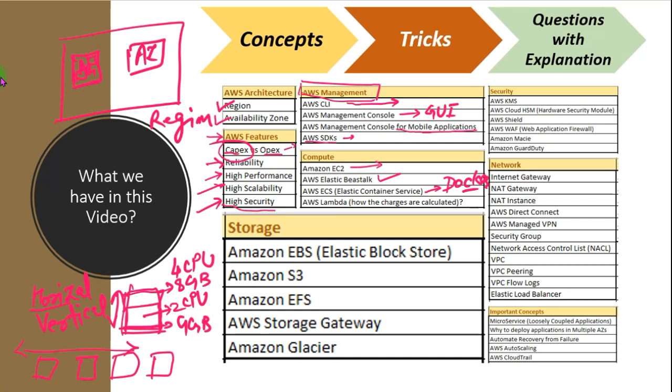Next we have AWS Lambda, that is serverless technology. What does it do? It's like a function, or we can say the code we need to run to perform our task. Here, as it is serverless, let me write it here. It is serverless.